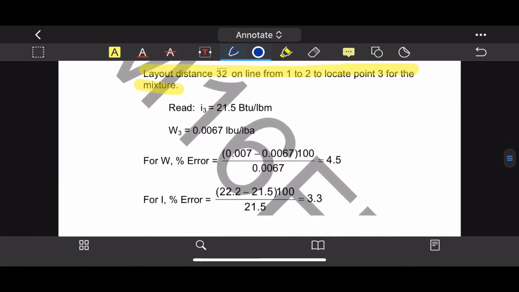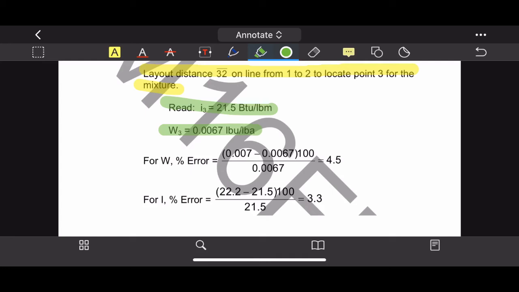And from there, you will get your new I3 as 21.5 BTU per pound of mass, and the humidity ratio is 0.0067 pound over pound, for W and for omega. That means the difference between the usage of volumetric flow rate compared to the mass flow rate has an error margin.